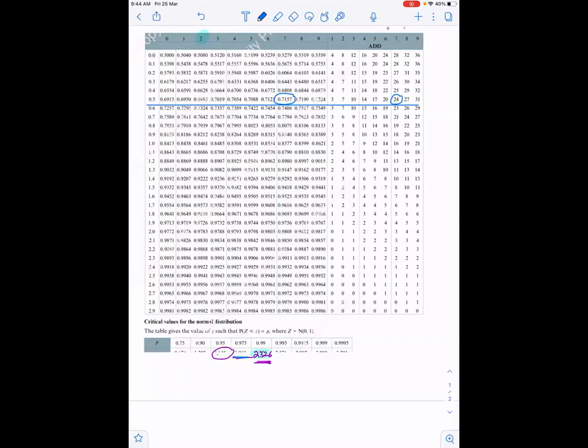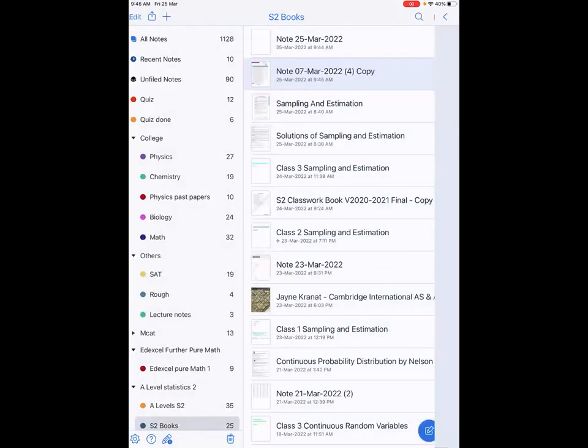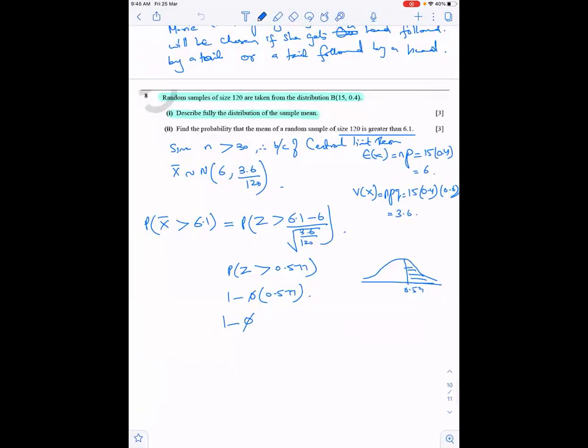So 0.7157 plus 0.0024. Is this clear? Yes. So this comes out to be 1 minus 0.7181, which is 0.2819. That is the probability. So we're done with this question also.